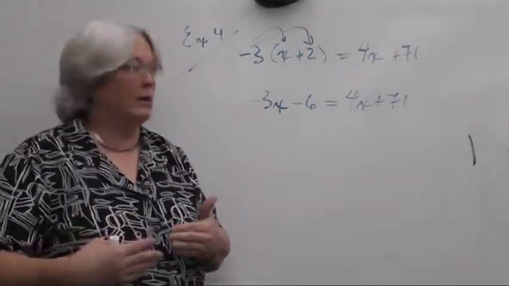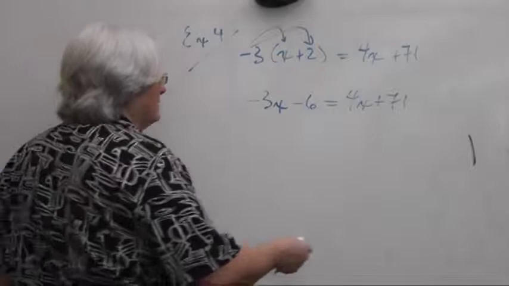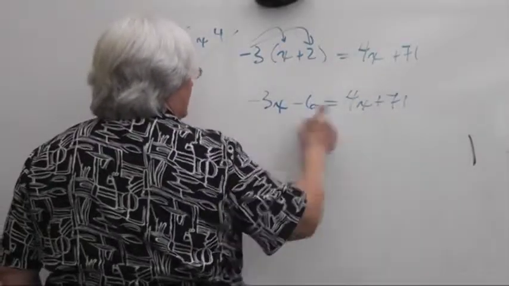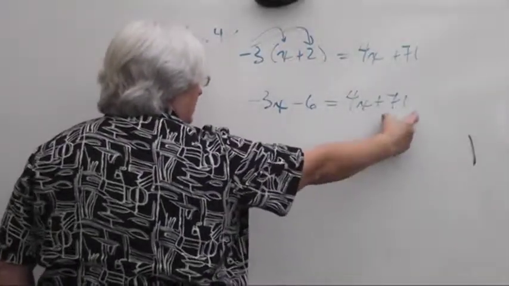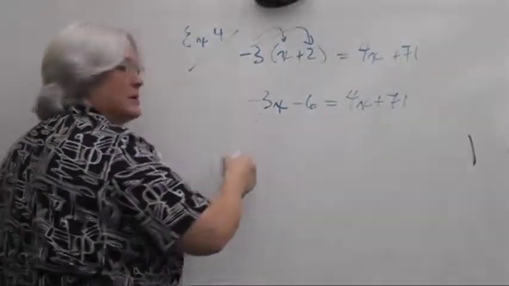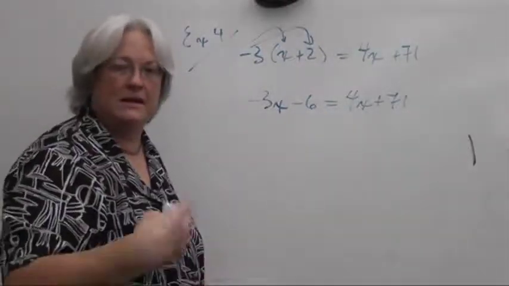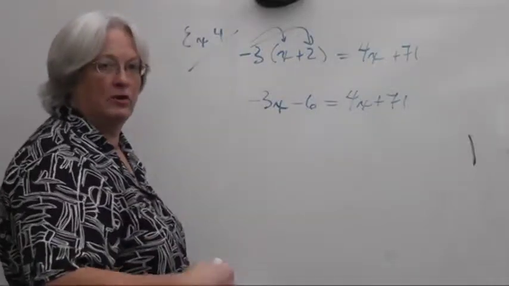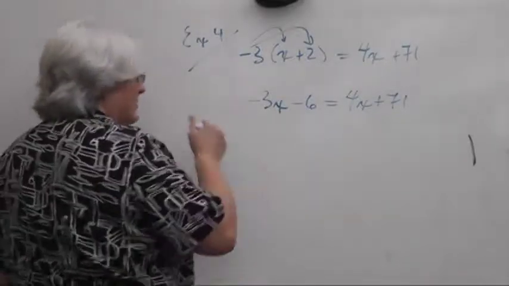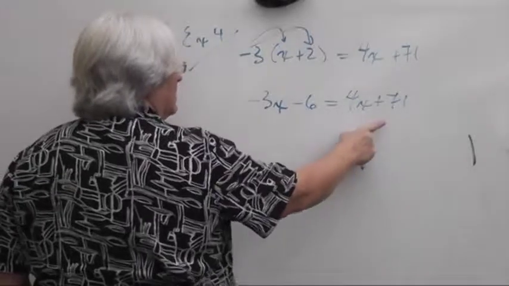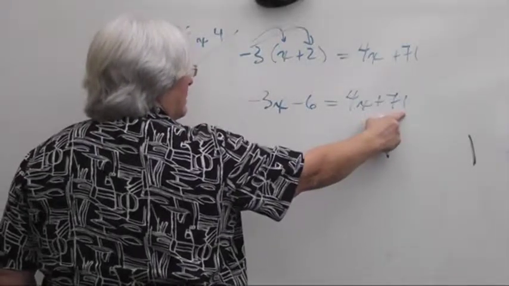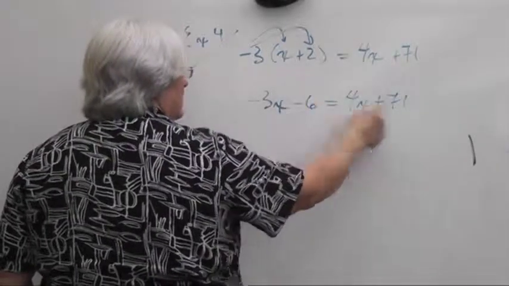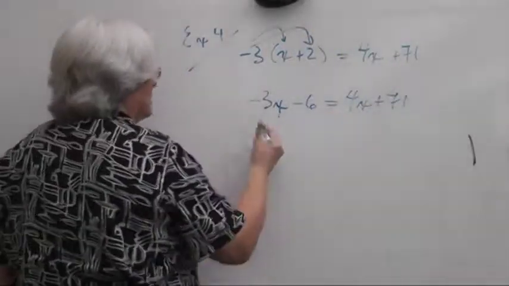You can do it whatever way you want. You can actually show your work in one step where you're dealing with the constant terms and the x's at the same time, but just to do it at the basic level, I'm going to do an extra step. First, I want that 71, I don't want any constant terms on the left-hand side of the equation.